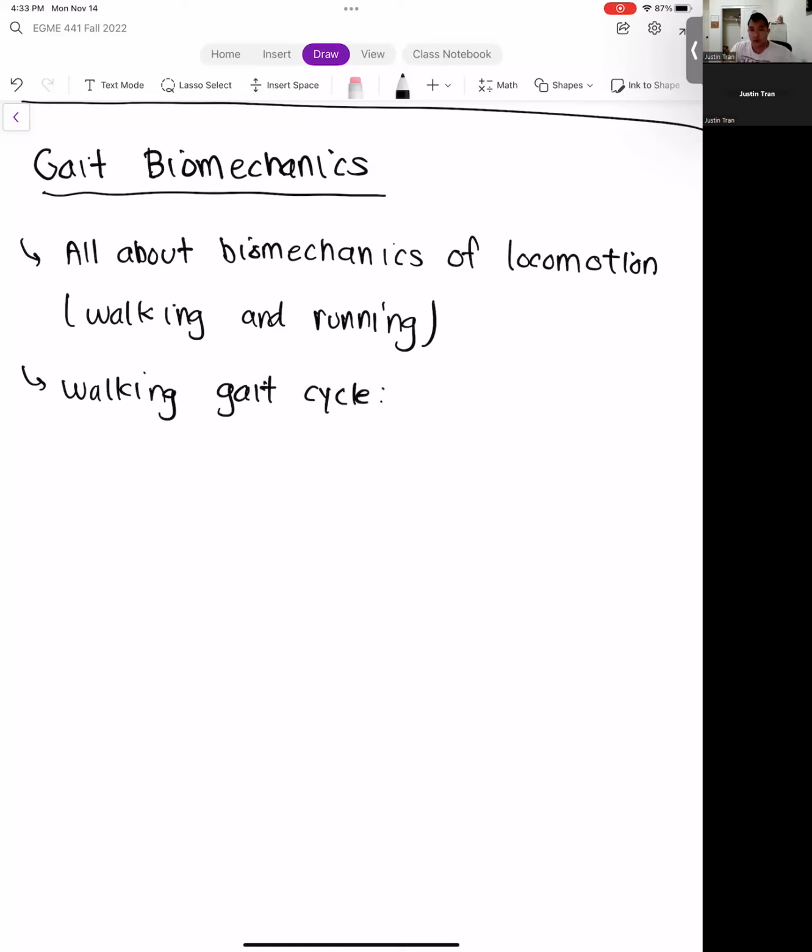Okay, so I'm not going to draw the full diagram here. I'm not going to describe every single term here, but I think the most important points are relevant.